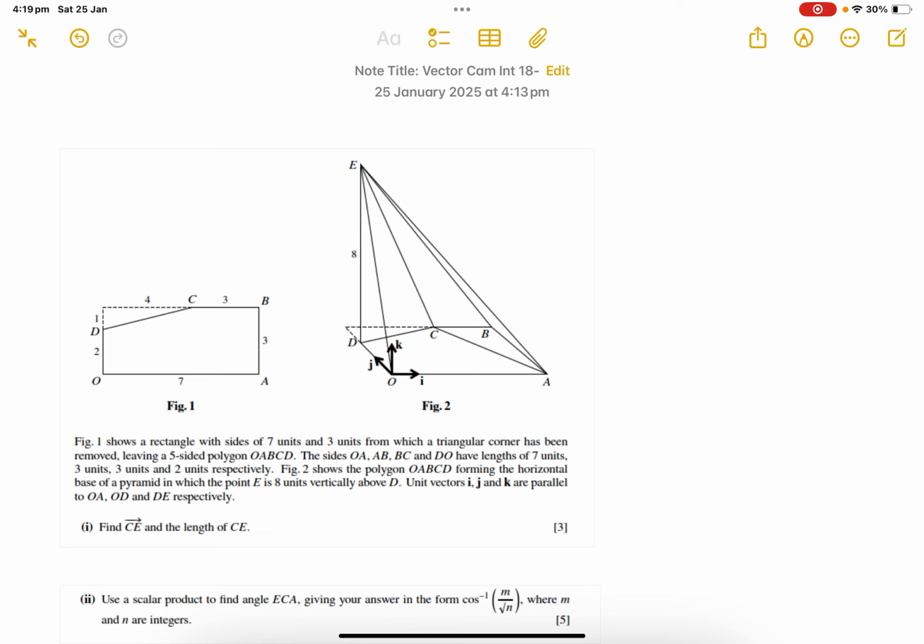A couple of diagrams, a quite detailed diagram, and some words. Figure 1 shows a rectangle with sides of 7 units and 3 units, from which a triangular corner has been removed.